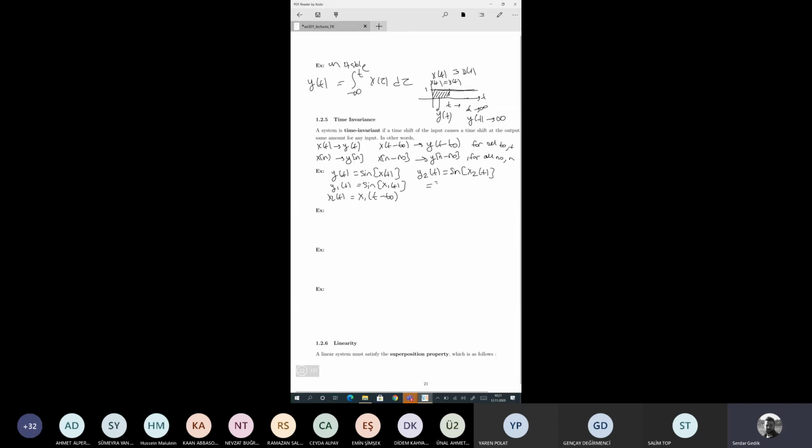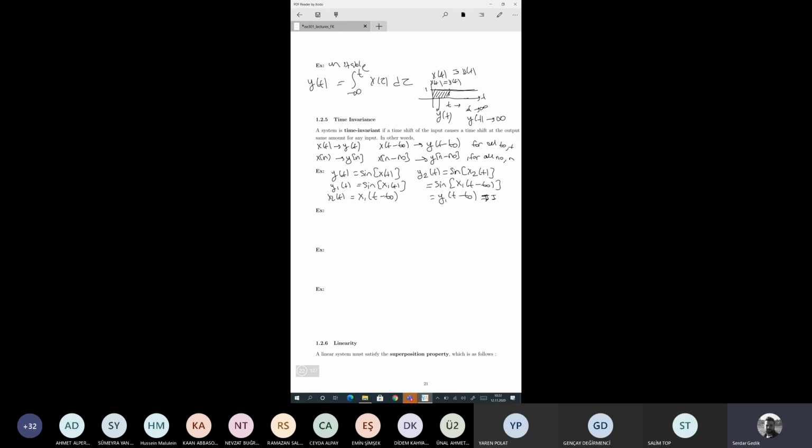So this is equal to sine of x1 of t minus t0. And I know that this is equal to y1 of t minus t0.